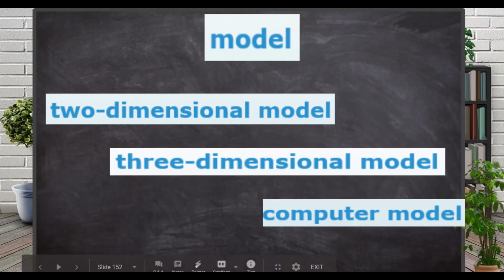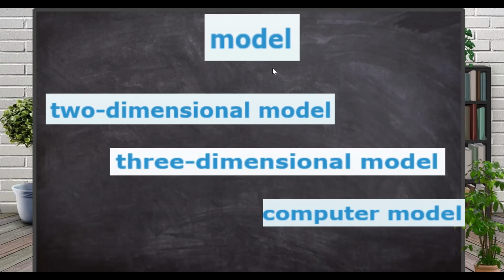Now let's start with, who's Lisa? This is Lean. Lean, my dear, can you unmute your microphone and change your name to Lean? Yes. Hi, Miss. Hello, my dear. Okay, what is a 2-dimensional model?